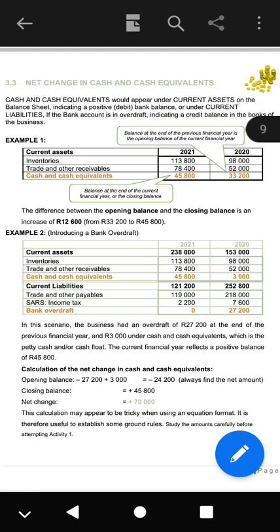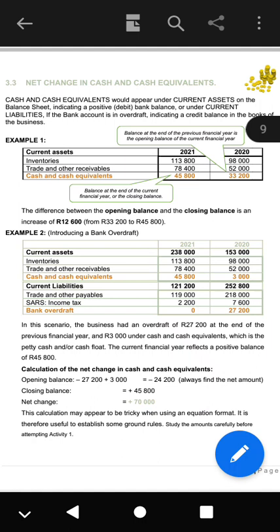Here it can be a little bit tricky to understand. What is happening here? We are moving from an overdraft, or a negative amount of 24,200. How much money would actually be needed to come up to 45,800? You just add the two amounts. That is the reason why you find out that the net change is 70,000.